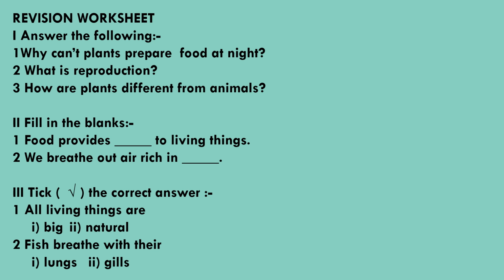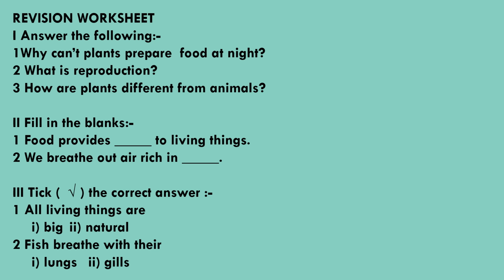Third part is, take the correct answer. Children, here a few sentences are given with different options. You need to read the sentence, evaluate the options and see which one is correct, and then you need to tick mark the correct answer. The first question is, all living things are, and the options given to you are big or natural.